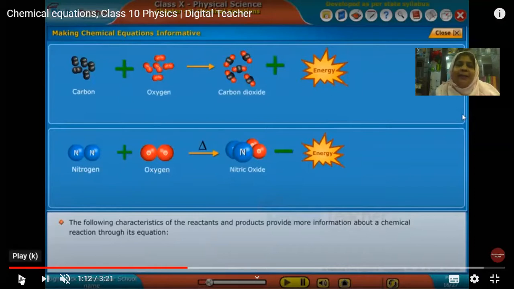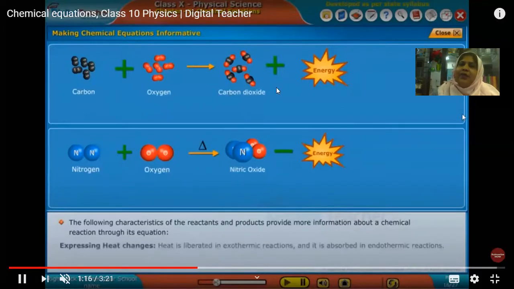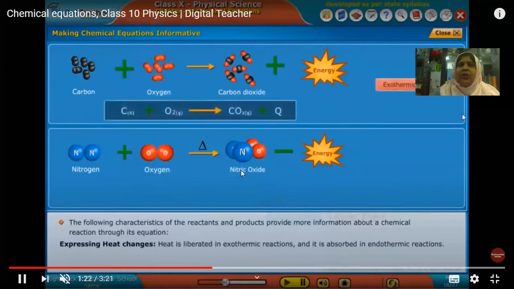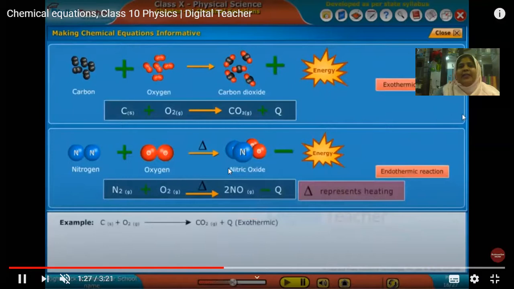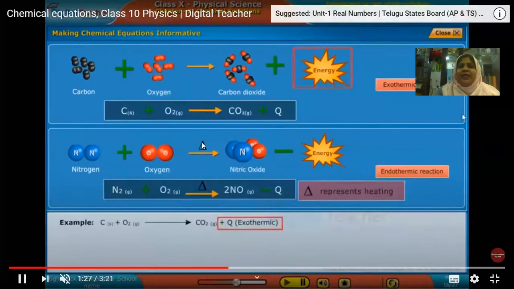In the following reactions, carbon and oxygen combine together to give rise to carbon dioxide and energy. And here, two molecules of nitrogen combine with two molecules of oxygen, giving rise to nitric oxide minus energy. Whenever this triangle shape is given, it's called a delta.